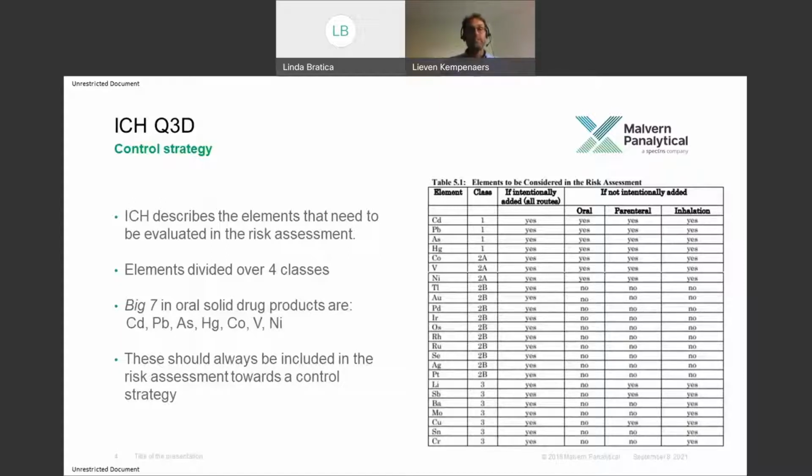There are 4 classes, class 1, 2A, 2B, and then also class 3. And the first 7 elements, they are called the big 7 because they are the most important elements. Also because the first 4 are from class 1, which are most toxic. And of course, all those 7 elements should be included in the risk assessment.